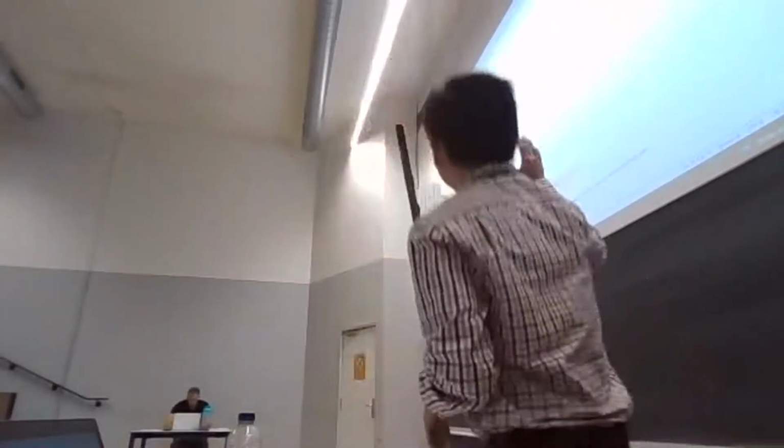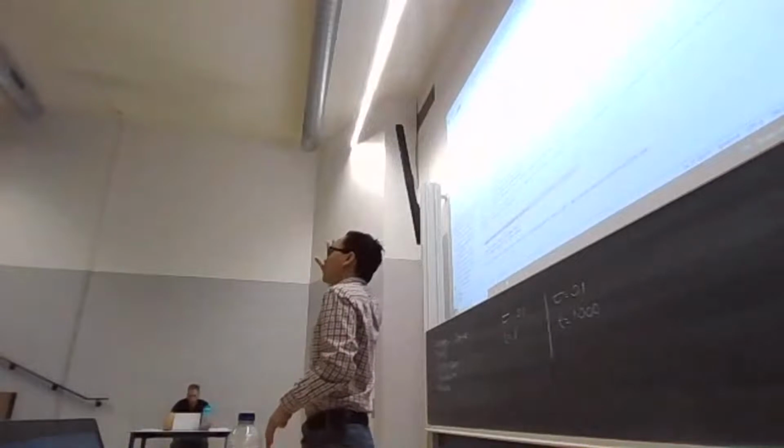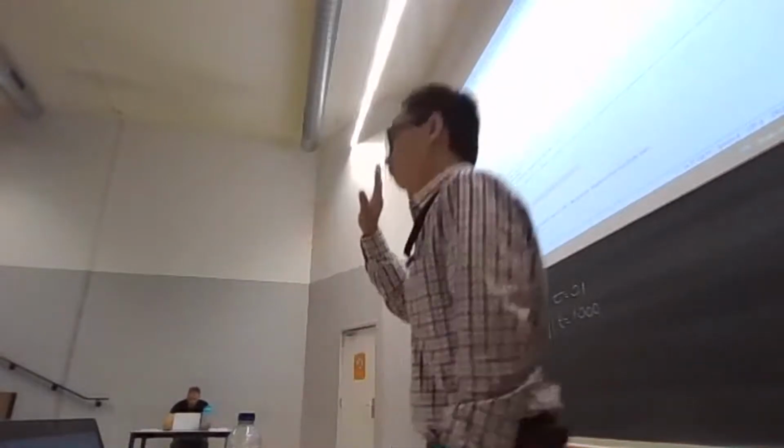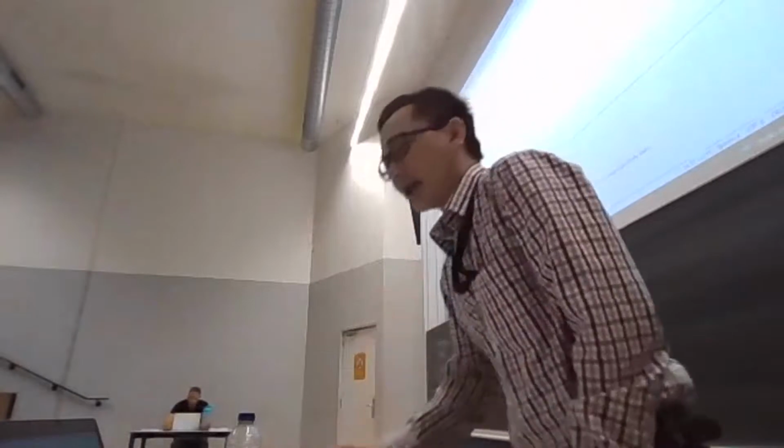Let me try to do it here. I will use Visual Studio Code to demonstrate why it's the connection point. You can use Google Colab, but it's better for me to use this one.